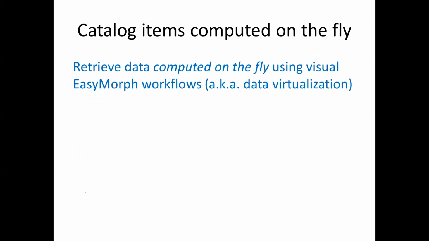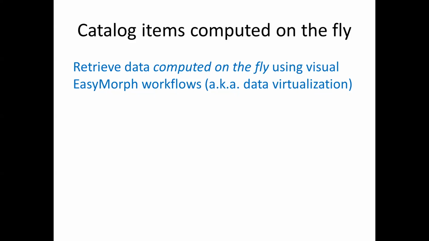Now, that's probably the most interesting part, because catalog items can be computed on the fly. And I believe this is what makes our data catalog very, very different from any other data catalog you can find on the market. Because the existing data catalogs only list the data assets an organization has. They are very IT centric, and they are not designed for retrieving data.